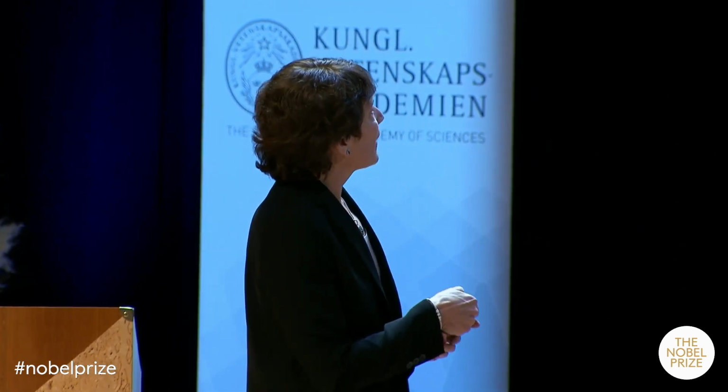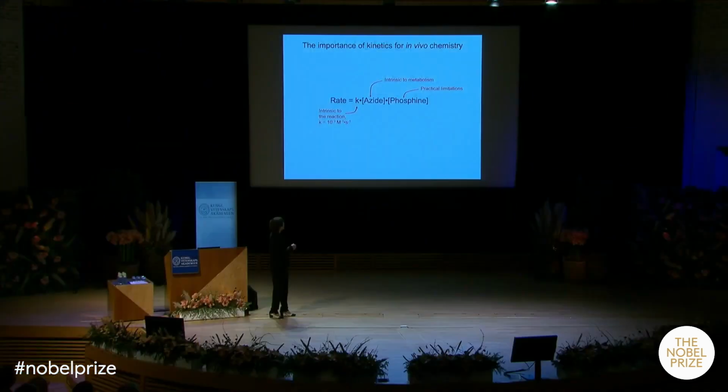And in a biological system, like a living animal, we learned some things that are important. For example, we learned that the concentrations of these reactants were probably going to be very low. The animal is metabolizing these reagents as soon as we put them in the body. This is not a reaction flask in your fume hood.